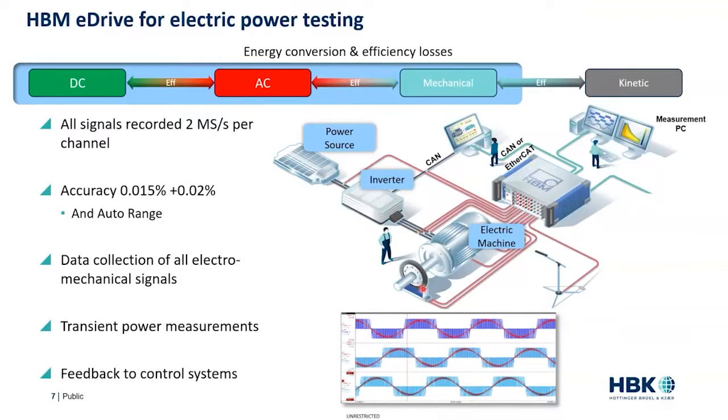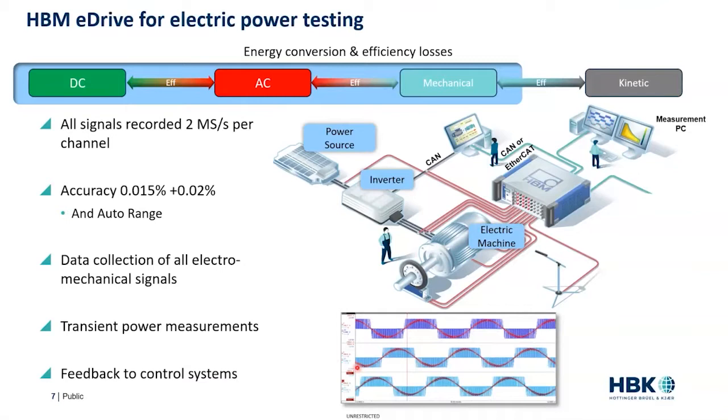So all of that can be done really quickly. And it also means then that we can actually do the transient power measurements. So we can calculate to the worldwide harmonized light vehicle standards and things like that. And it can also pass feedback to a control system as well. So it's an amazing piece of kit in its own right.